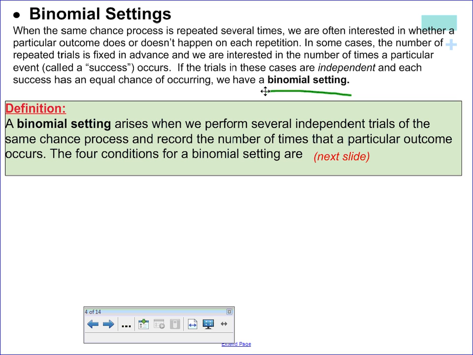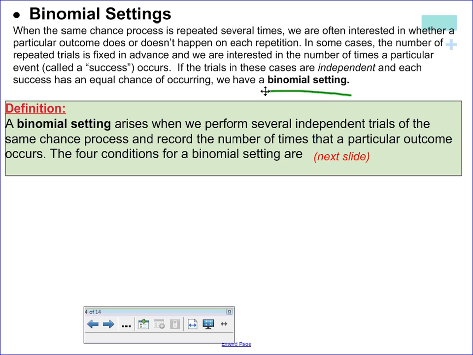There's a fixed number of trials. There's a number of successes we're looking at. The probabilities are independent and do not change. And it's a binary situation. And so binomial settings arise.